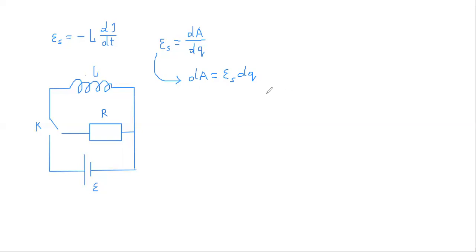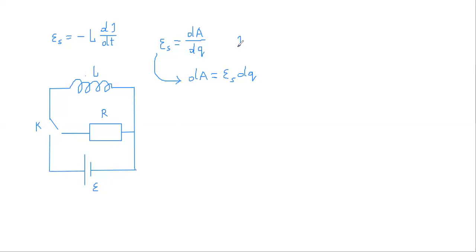We have to use a differential here because when this part of the circuit is activated, electric current changes. So we have alternating electric current, which means that electric current changes in time.